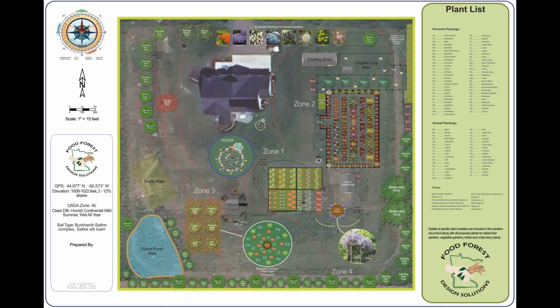Everything is abbreviated for whatever tree or bush or plant is going in your yard. So you're going to look at the plant list, and let's just use A for apple. Then you're going to look over on your blueprint, and you're either going to have a circle with an A in it, or an actual image of an apple tree, depending on what type of blueprint you get.